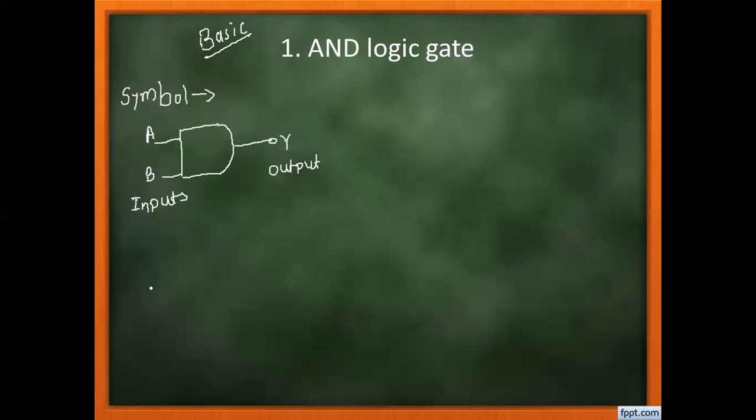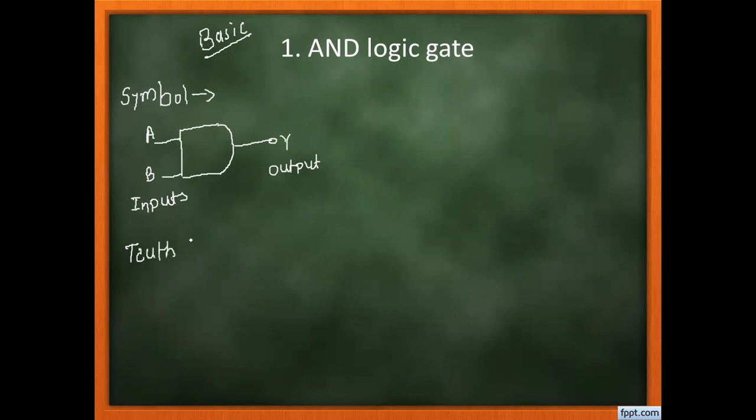So when there are 2 inputs, what are the possible conditions? Now, how does this AND gate actually work? The working of the AND gate is written in a tabular form, and that is called a truth table. What do we call it? A truth table.